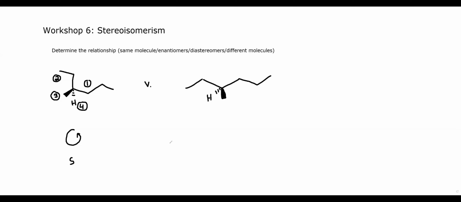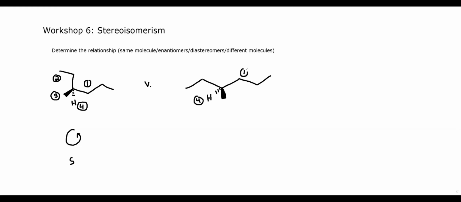And now some of you may have looked at these two molecules and seen that they are pretty much the same thing, just drawn at a little bit different angle, and determined that they were exactly the same molecule. That's perfectly fine. But let's go ahead and check and see if this is also S configuration over here. Hydrogen is our lowest priority group.